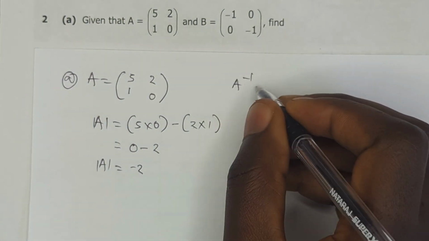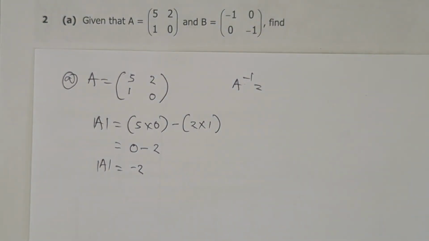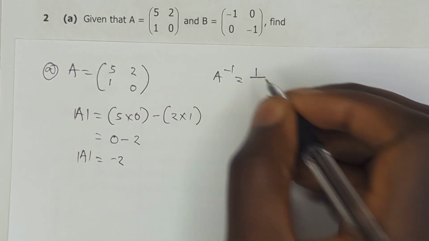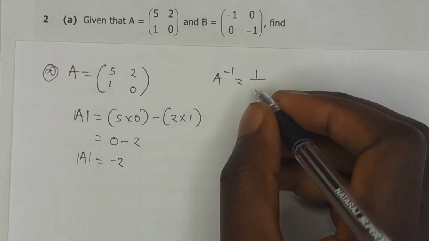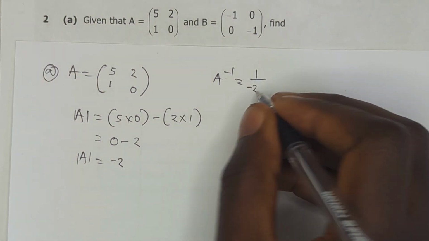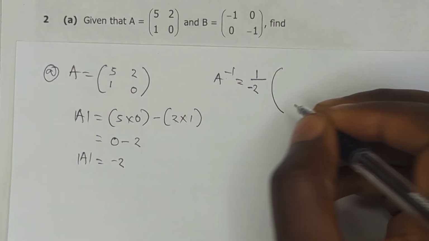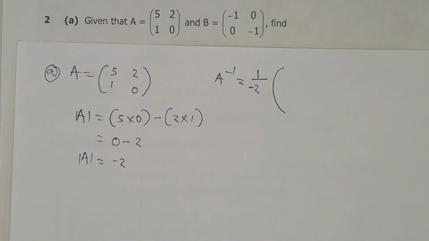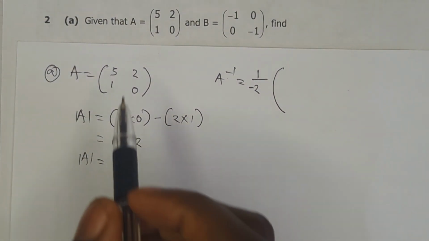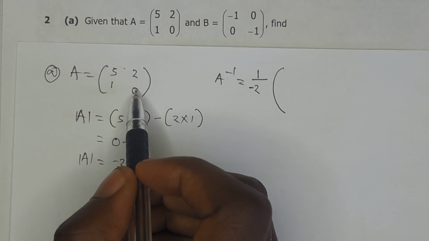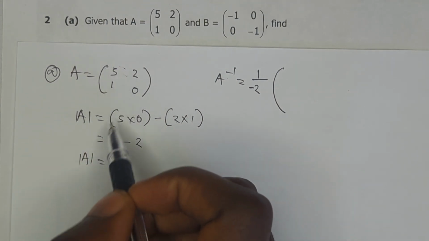So the inverse of A is equal to 1 over this determinant here, which is -2, multiplied by the adjoint of matrix A. To find the adjoint, the numbers in the major diagonal are going to swap.